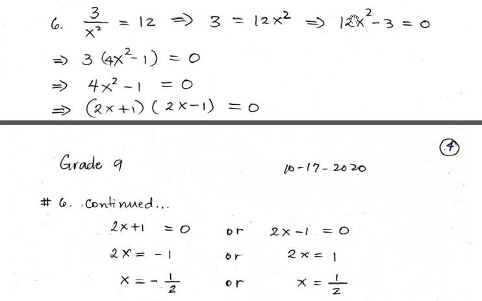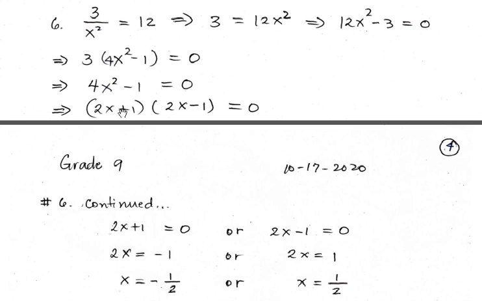We know that 12 and 3 are multiples of 3. So we factor out 3. Leaving 4x squared minus 1 as one factor, equated to 0. Then, divide both sides by 3. So we have finally 4x squared minus 1 equals 0. The left-hand side is the difference of two perfect squares.